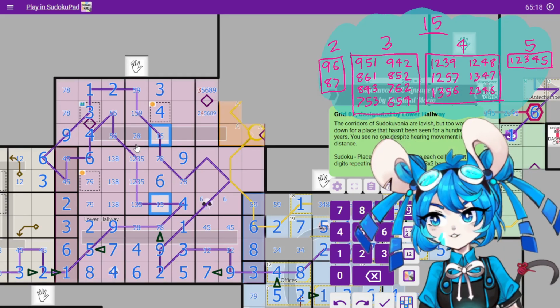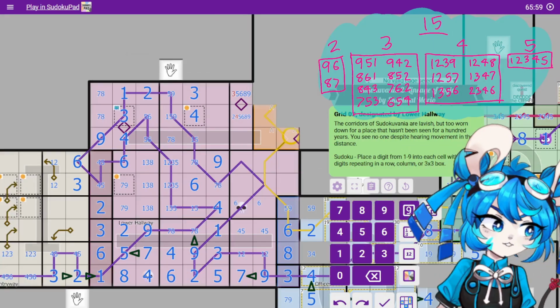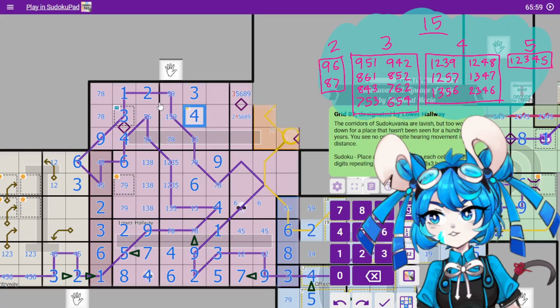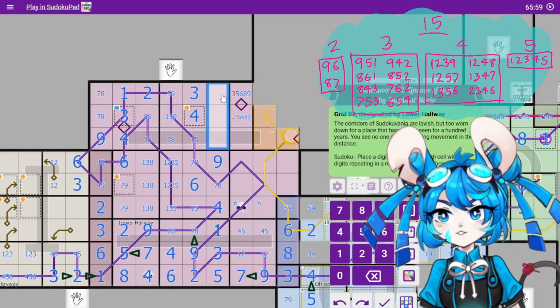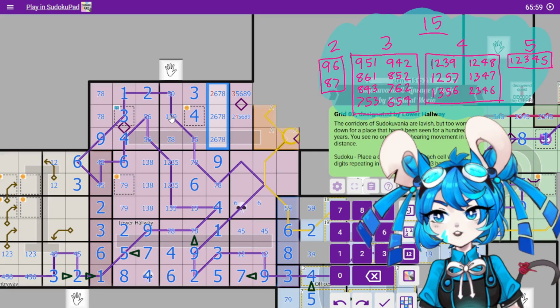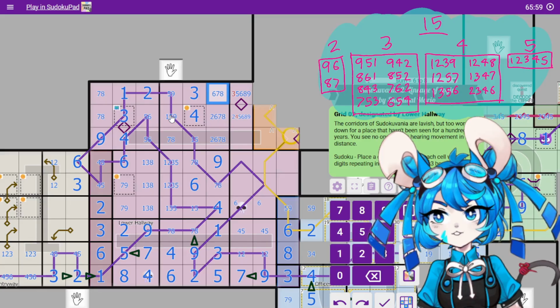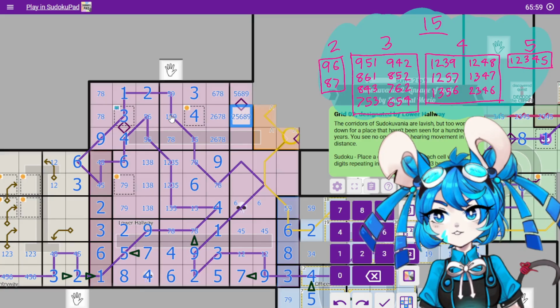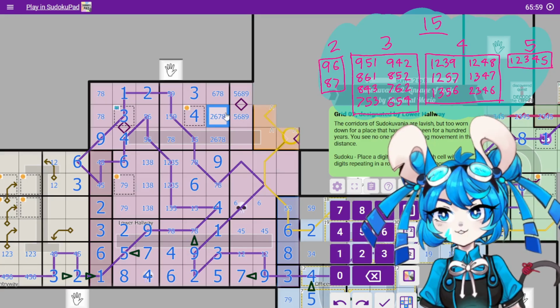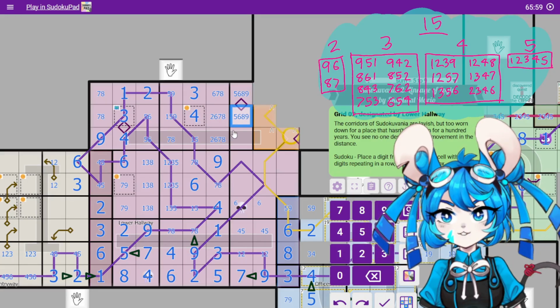These are a 1, 5 pair. And the remaining digits in this column and box are 2, 6, 7, 8. That narrows this down to 5, 6, or 8, 9.